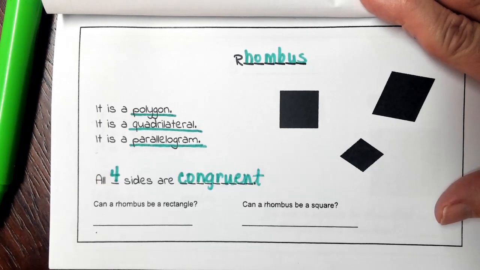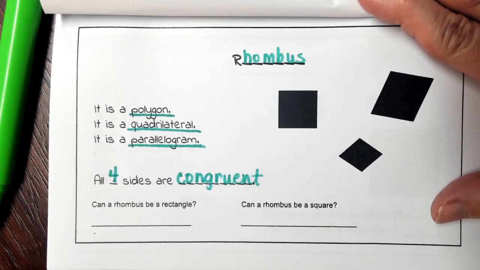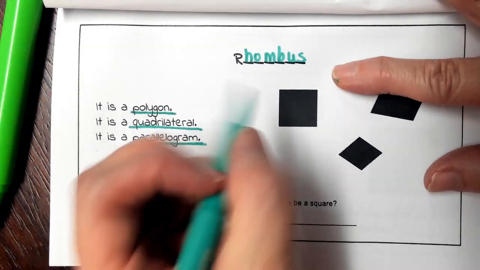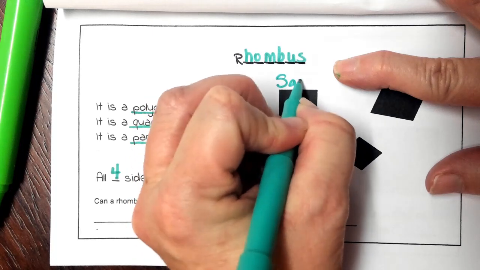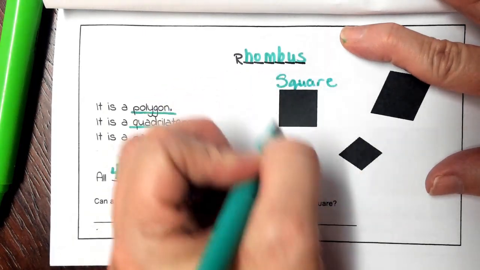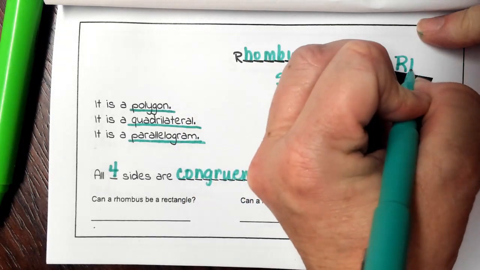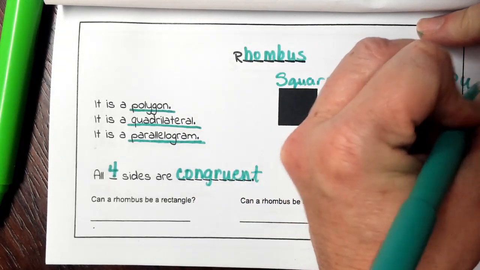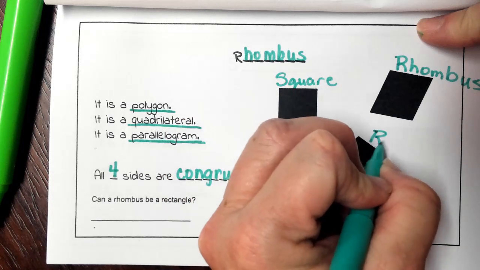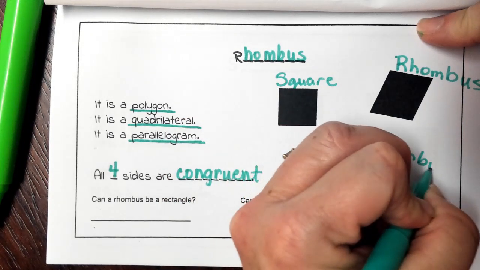So its special attribute is that 4 sides are congruent. That is why a square can be a rhombus, because 4 sides are congruent. And then we have our classic pictures of the rhombus here. It almost looks like a square that somebody kind of sat on.